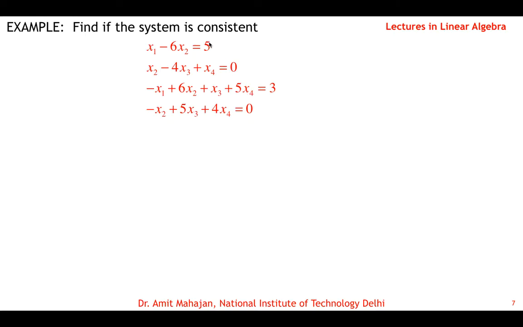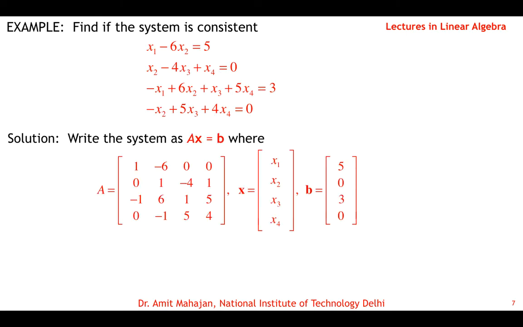B is the right hand side 5, 0, 3, 0, and A is the coefficient matrix on the left hand side with the first column as coefficients of x1, the second column as coefficients of x2, the third column as coefficients of x3 and the fourth column as coefficients of x4. So we just write the system of equations Ax equals b, where A is the coefficient matrix.